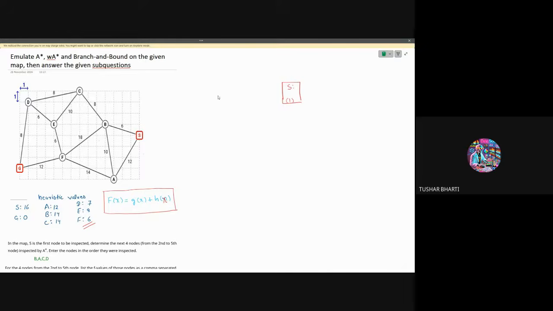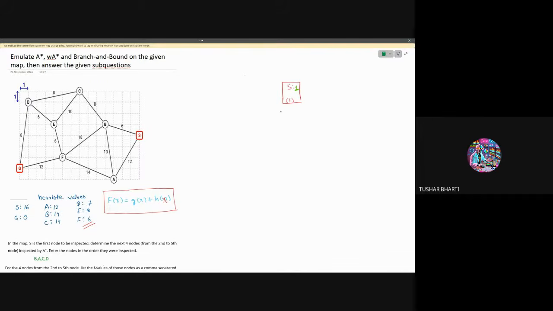Now we will mark this as first node, which we will explore. You can see I am marking this with green color. So this will be first node, and what I am marking with green color will give the answer to all the questions. So be careful with that.